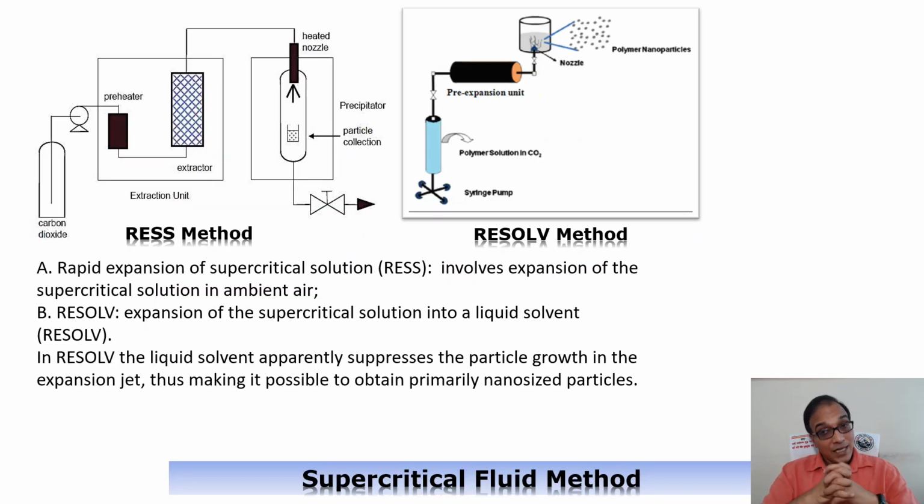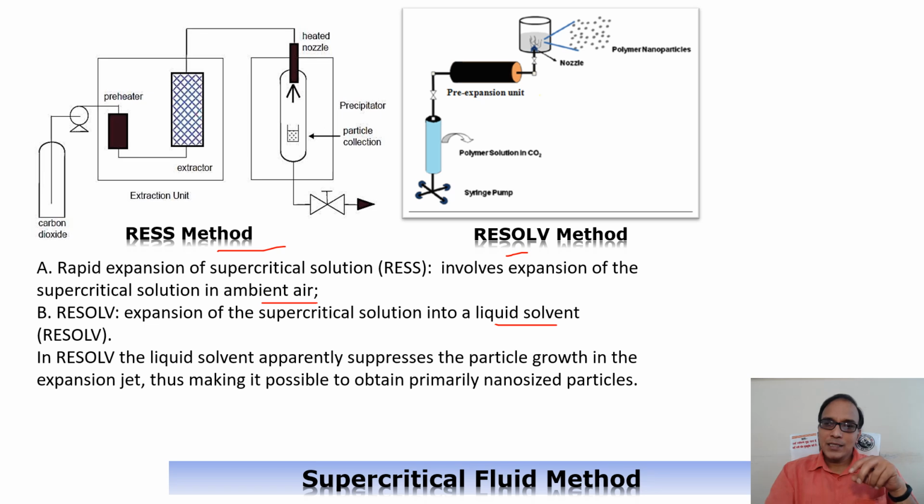Supercritical fluid method, as we have discussed, is a very advanced technology. There are two major technologies there: RESS and RESOLV. RESS is called rapid expansion of supercritical solution. It involves expansion of the supercritical solution in ambient air, while in RESOLV, this expansion is into a liquid solvent. First is RESS, second is RESOLV.